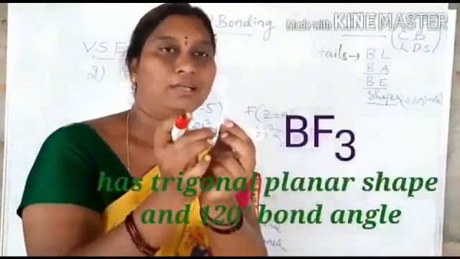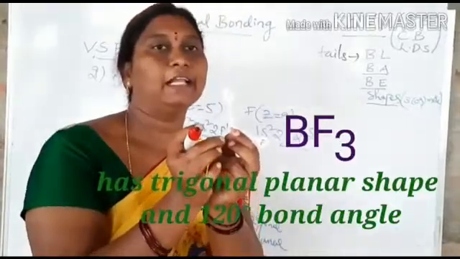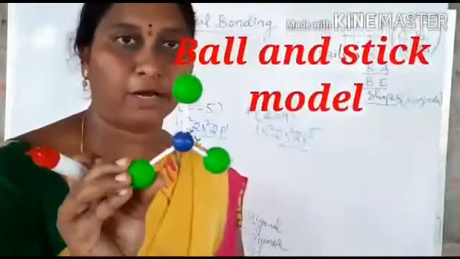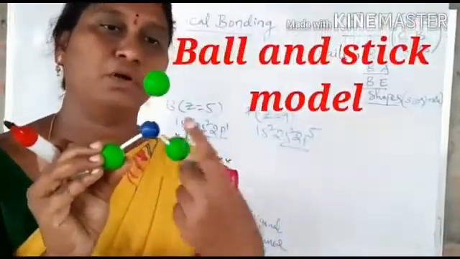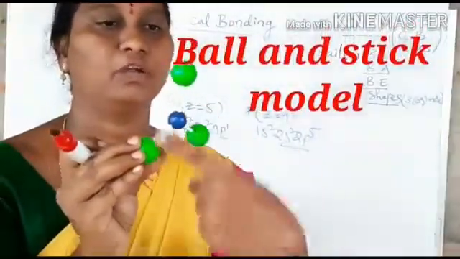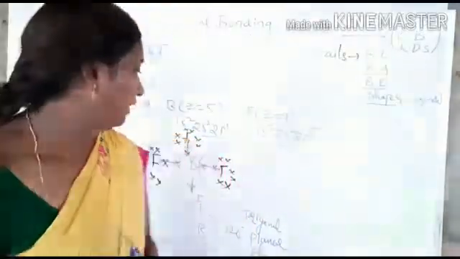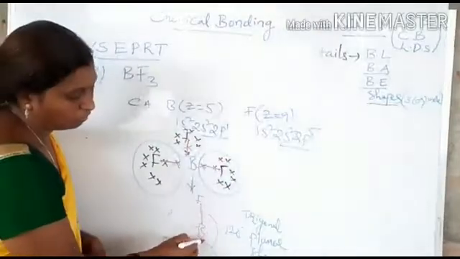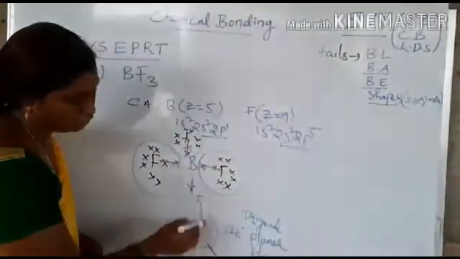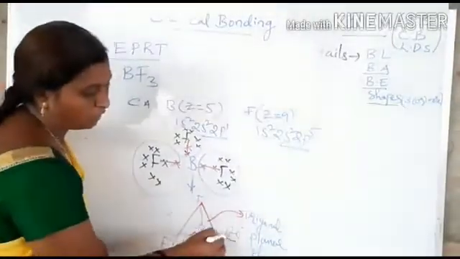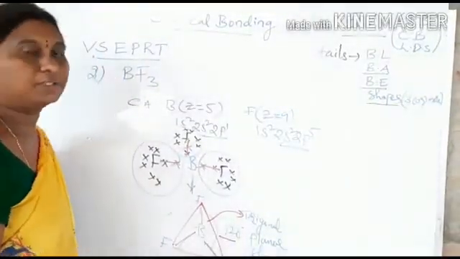So they have trigonal planar shape with bond angle 120 degrees. See here, this is a ball and stick model of BF3: boron, fluorine, fluorine, fluorine, trigonal planar shape, bond angle 120 degrees.